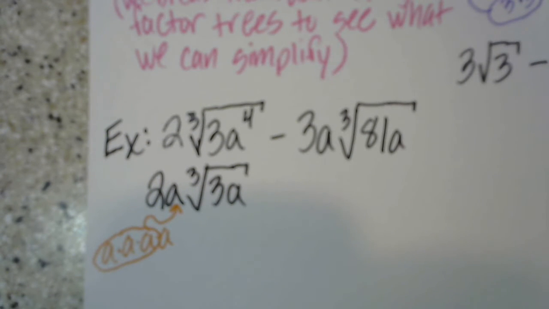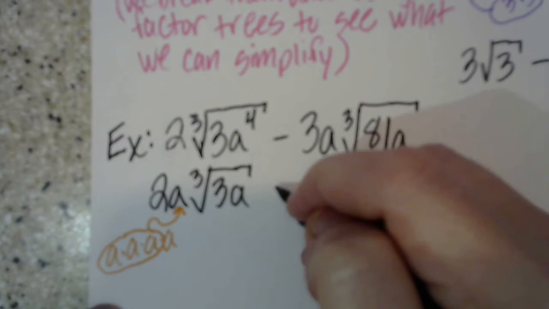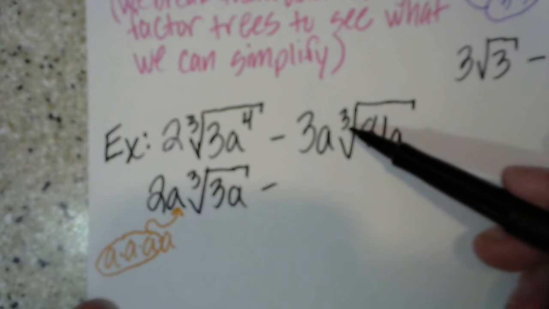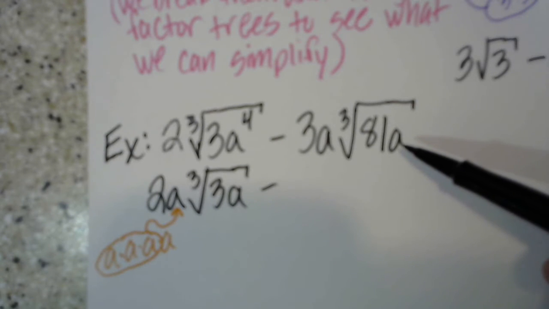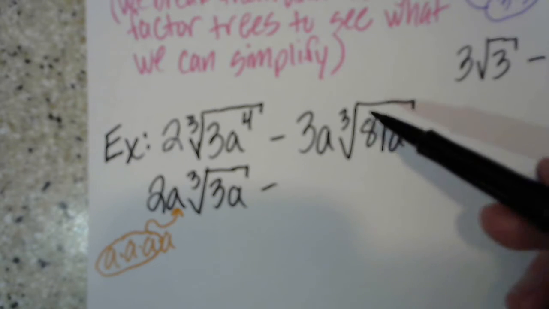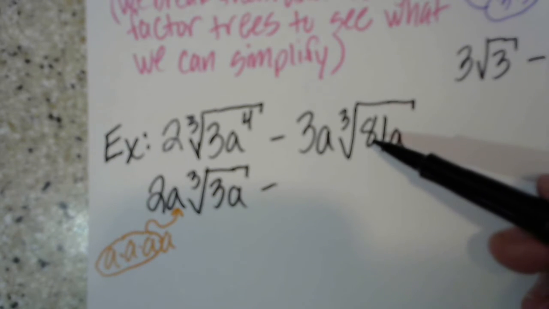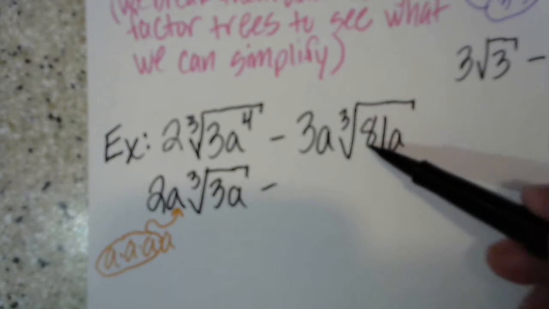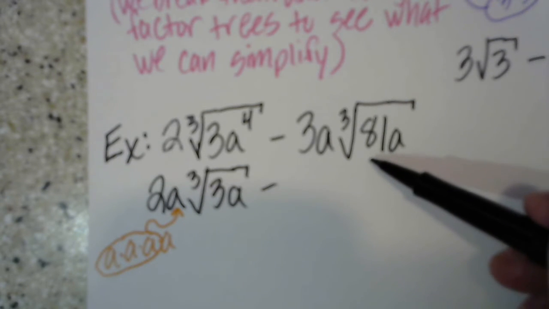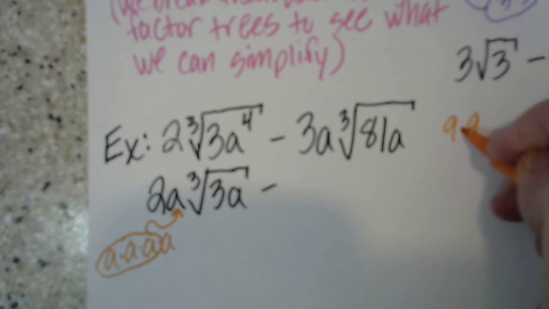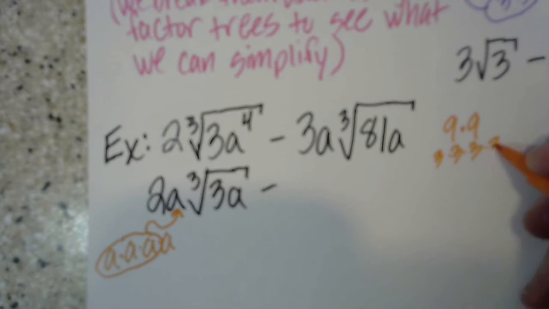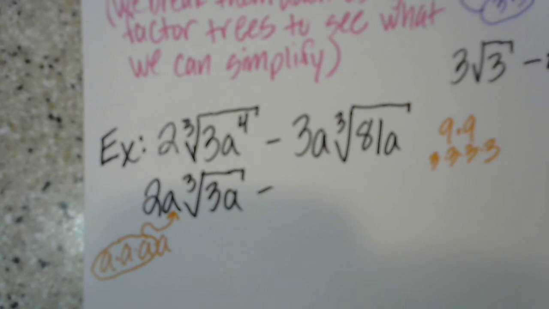Okay? Well, let's look at the next radical. Cube root of 81a. Well, a is going to be left there because there's not 3 a's. But I know that the cube root of 81, there might be something to that. You should have gotten pretty familiar with 81 by now to remember that it's 9 times 9 and 3 times 3 times 3 times 3.